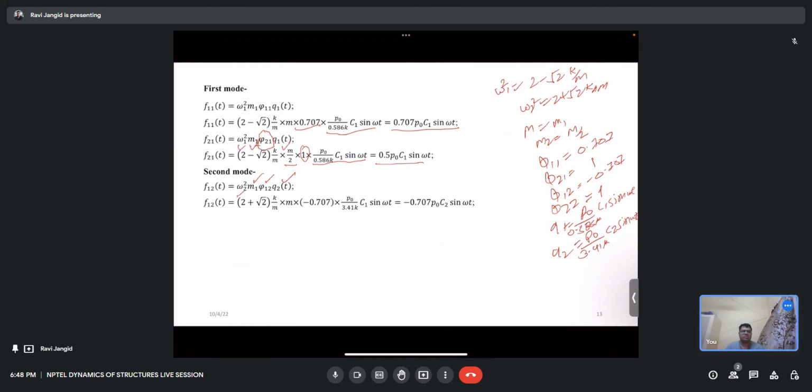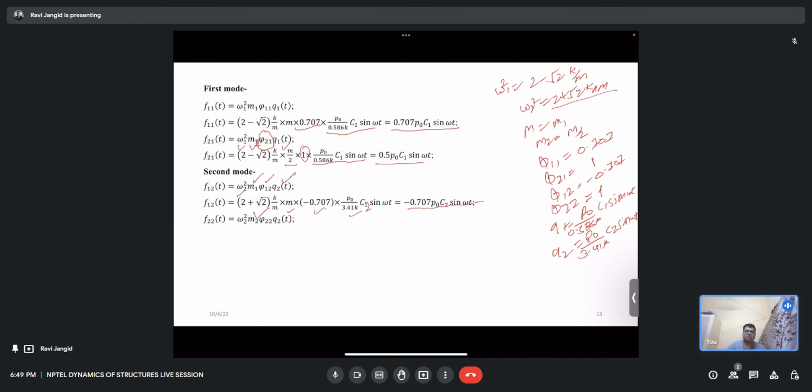And if you put omega 2 squared, which is given as 2 plus root 2 times k by m, the mass, mode shape, and p naught by 3.141, that is c2 sin omega 2, and that comes out to be 0.707 p naught c2 sin omega 2. And f22 will be the same, omega 2 squared m2 by 22 q2(t).